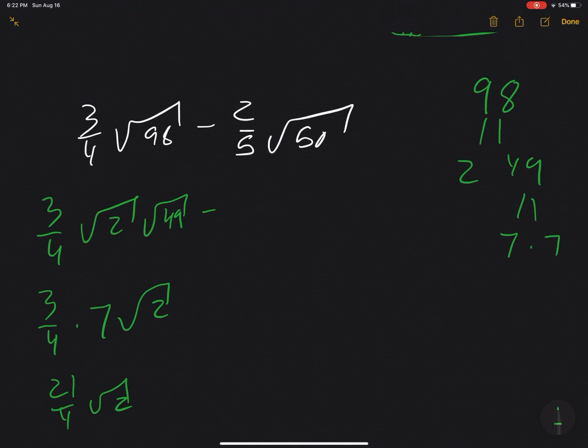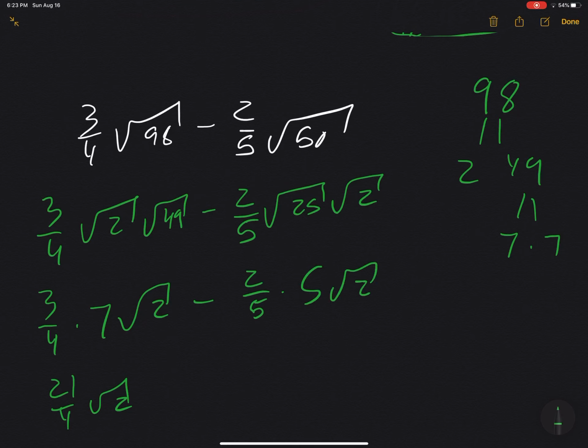And my other one, root 50, you should immediately see you can pull a 25 out of 50. So this is 2/5 root 25 root 2, which is 2/5 times 5 root 2, which is 10 over 5 root 2, which is actually just 2 root 2. So we have 21 over 4 root 2 minus 2 root 2.